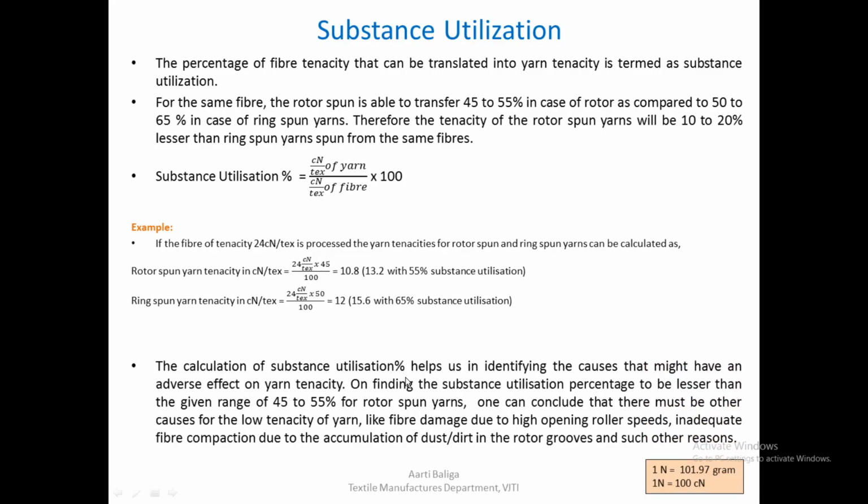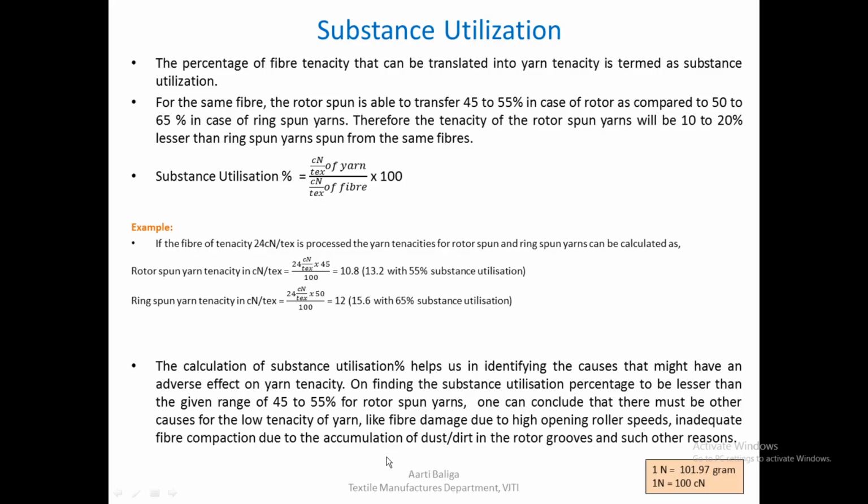The calculation of substance utilization helps us in identifying the causes that might have an adverse effect on the yarn tenacity. Suppose we produce a yarn and we find out that its utilization factor is lesser than 45 to 55 for rotor spun yarn, then we can conclude that there must be some other cause for the low tenacity of yarn, like fiber damage due to high opening roller speed, or inadequate fiber compaction due to accumulation of dust or dirt in the rotor grooves, and such other reasons.